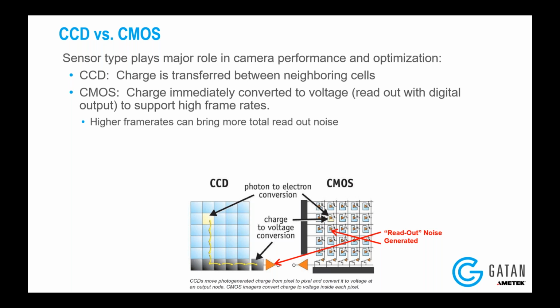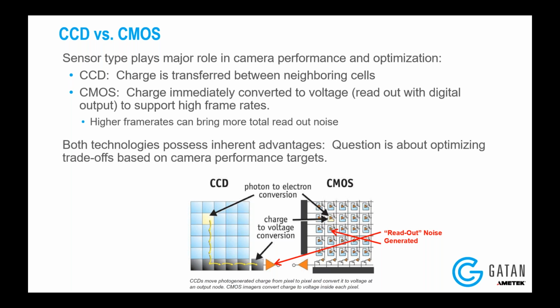So that's something to keep in mind, and I'll touch on later in the presentation how the ClearView camera has a new approach to minimize the readout noise that's associated with every frame being read out from the sensor. But the idea is that CCD cameras, CMOS cameras, both have inherent advantages and disadvantages.